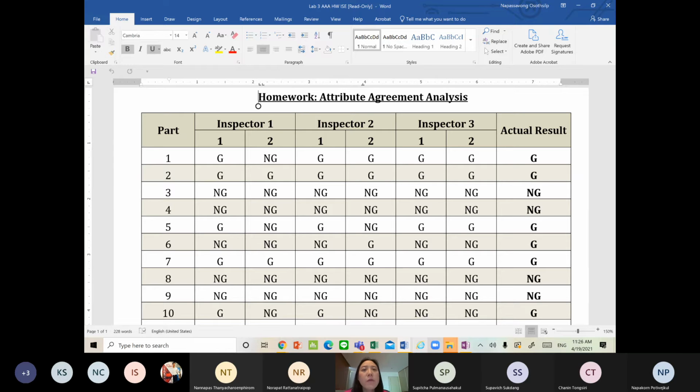So if you have to correct or improve this inspection system, you have to know the performance of each operator, and then you have to train each person specifically to make them understand the standards correctly.